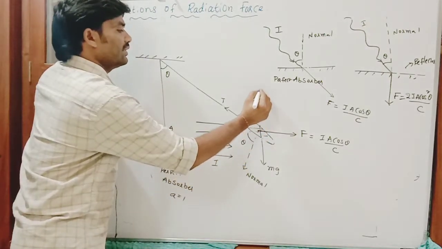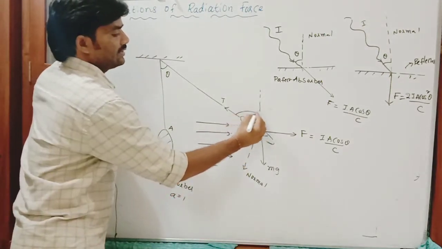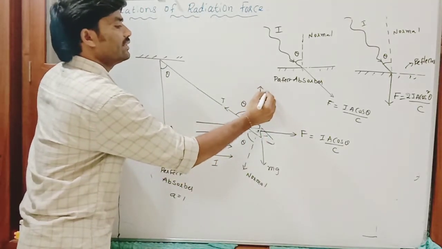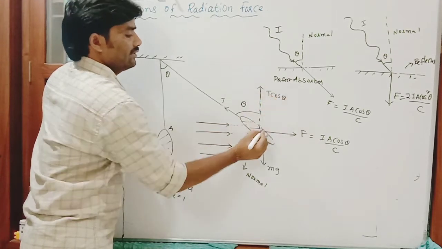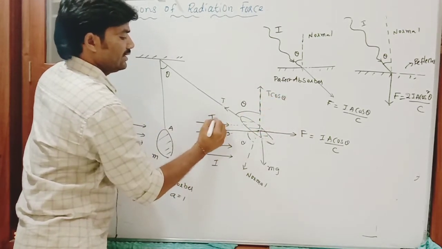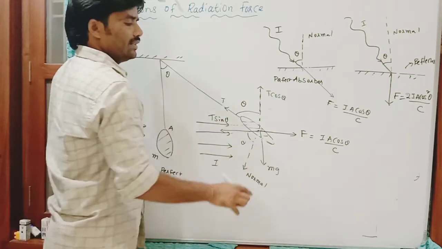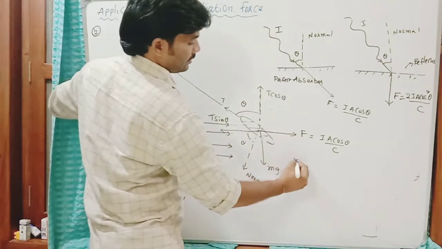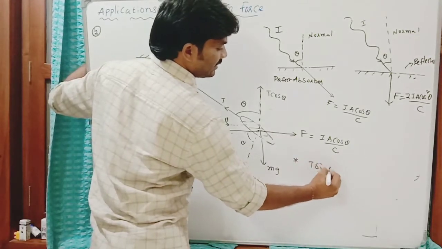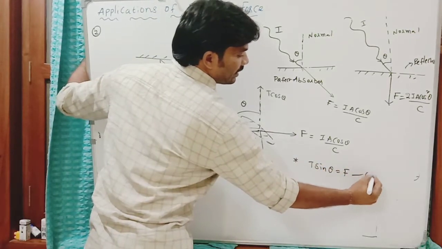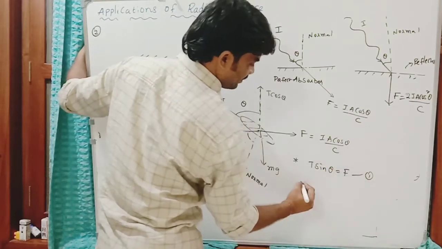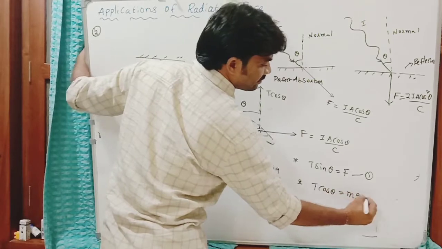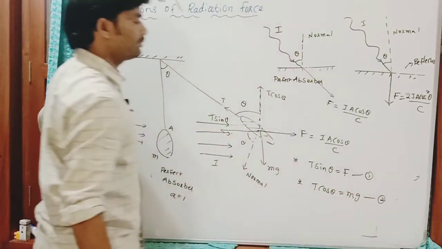Now extend this direction; if this is theta, this is also theta. Now the component of the tension in this direction is T cos theta, and in this direction T sin theta. You can see at equilibrium these two are equal and these two are equal. So T sin theta is equal to F, equation 1, and T cos theta is equal to mg, equation number 2.